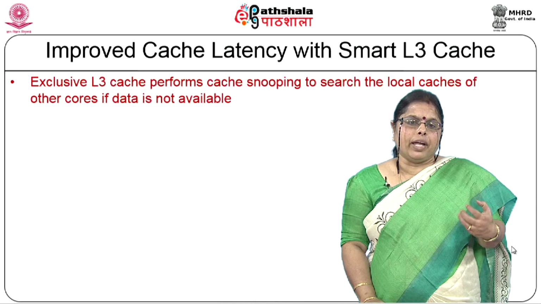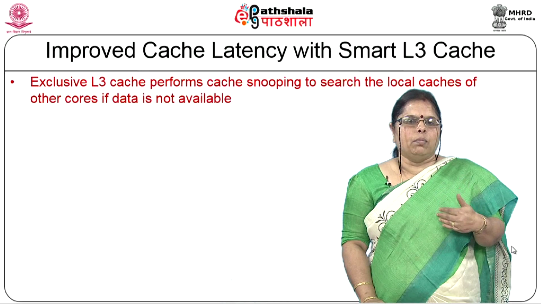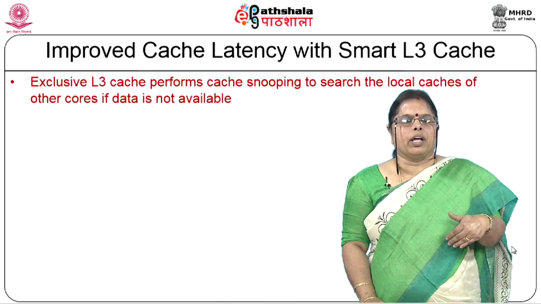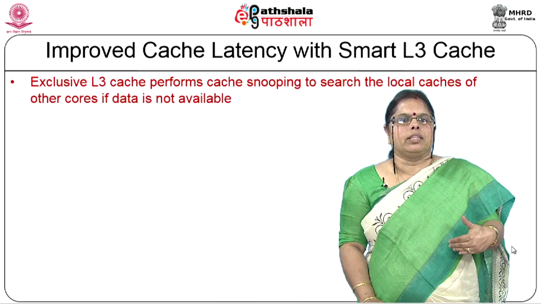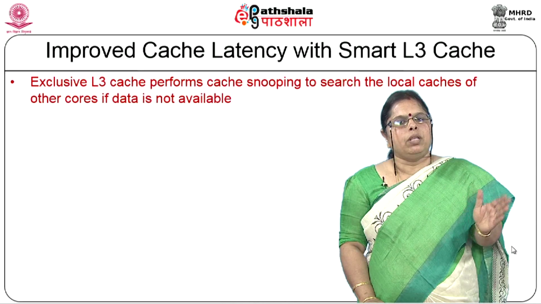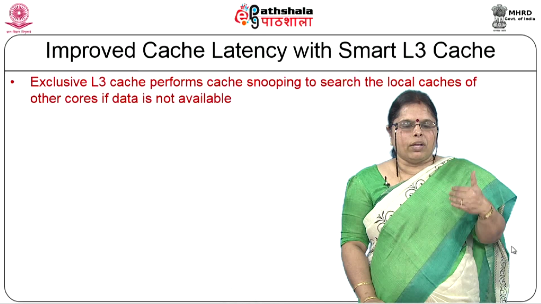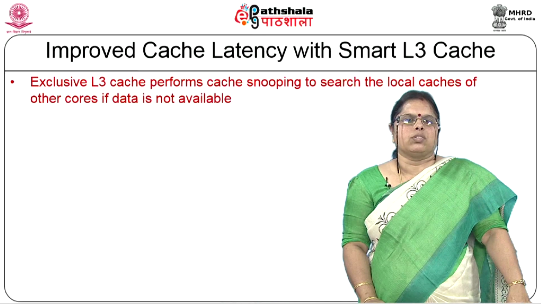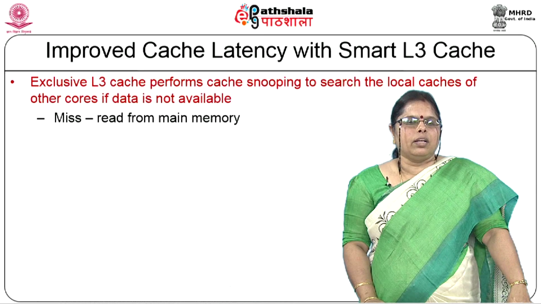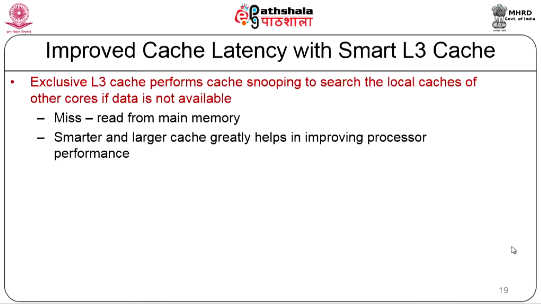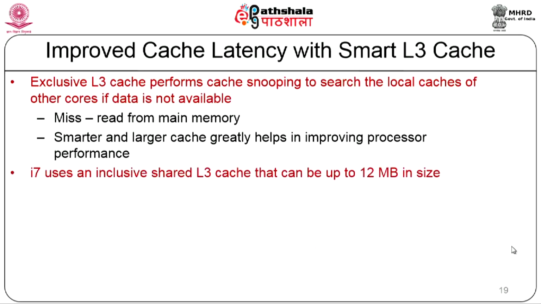Because if data is not available in L3, because it is an exclusive cache, it might still be available in some other local caches of the other cores. So, you definitely have to search the local caches of other cores. And this gives you a problem because of the snooping associated with that. You may unnecessarily have to do a lot of snooping.